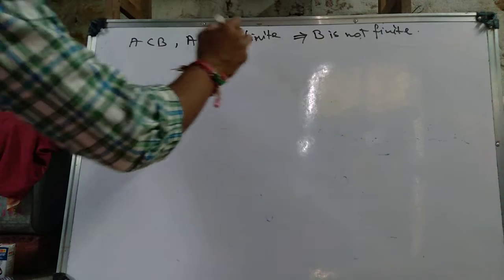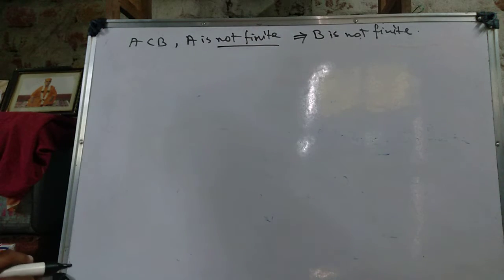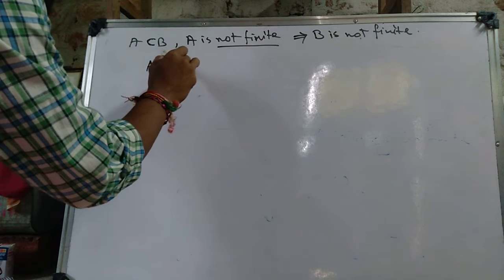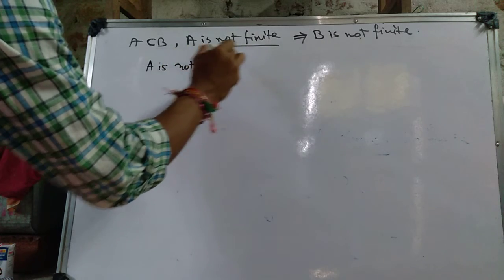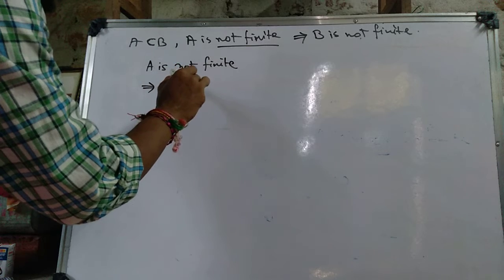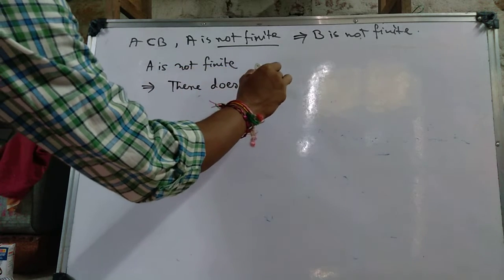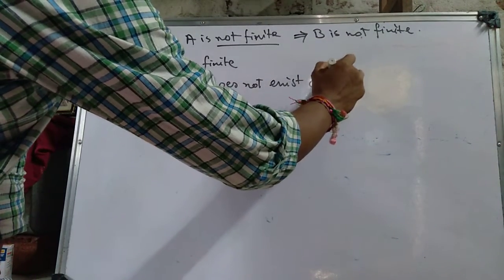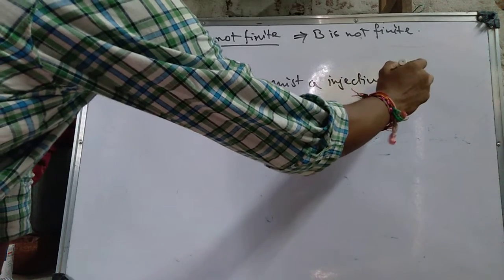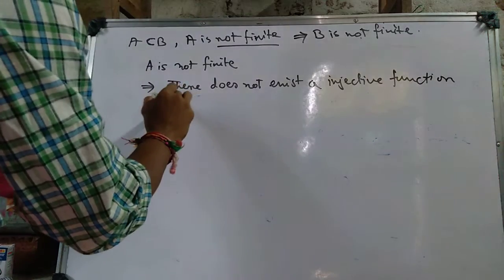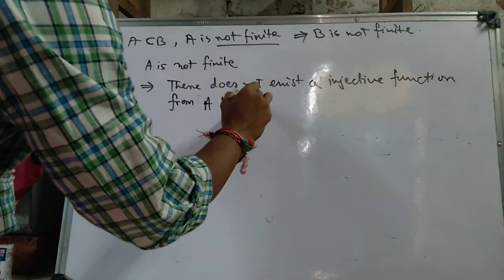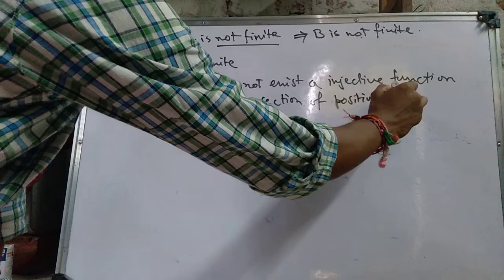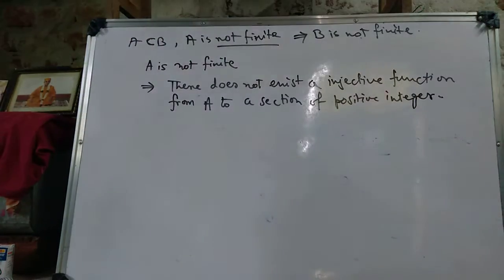Okay, A is not finite means there does not exist an injective function from A to a section of positive integers.